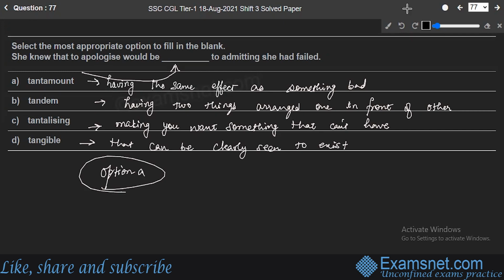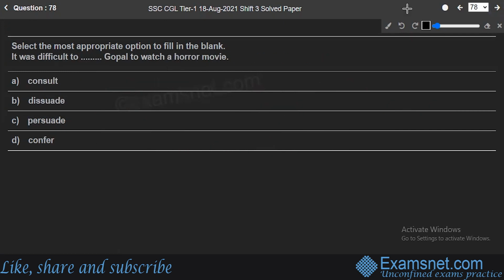Hope you are clear. Next, question number 78. Select the most appropriate option to fill in the blank. It was difficult to dash Gopal to watch the horror movie. Options are consult, dissuade, persuade, confer. Let's go with the meaning of all the words one by one. The very first one is consult, which means to discuss something with someone. Next one is dissuade, means to persuade someone not to do something.